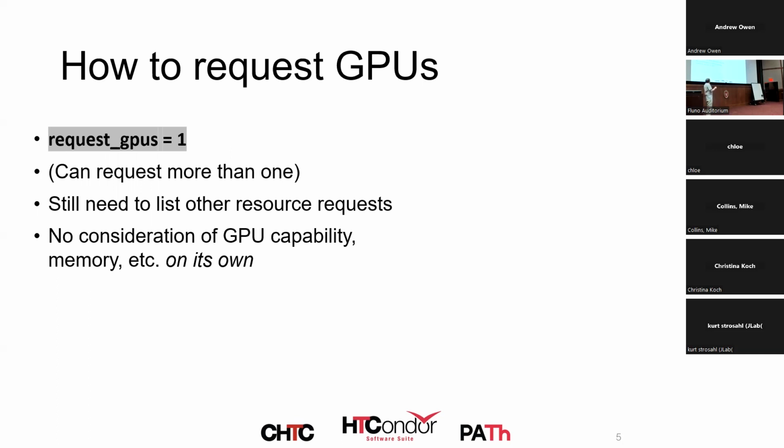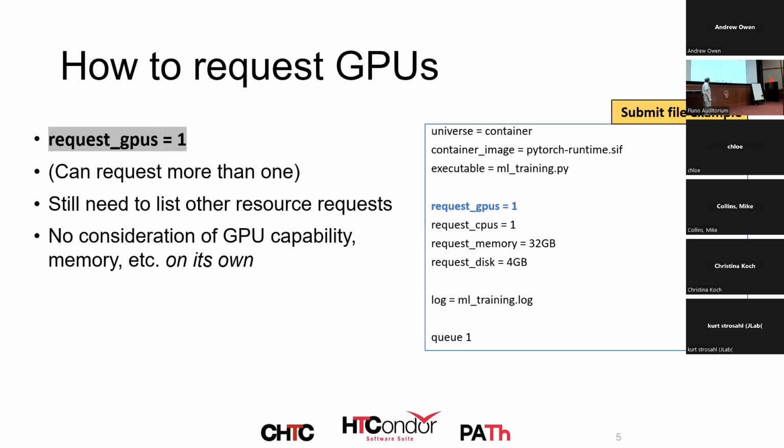And note that request_GPUs alone will not tell you anything about what kind of GPU you're going to get. You might get a nice A100, you might get an RTX 4090, or you might get the GTX 1030 that I have running on my laptop that I hooked up to the pool.